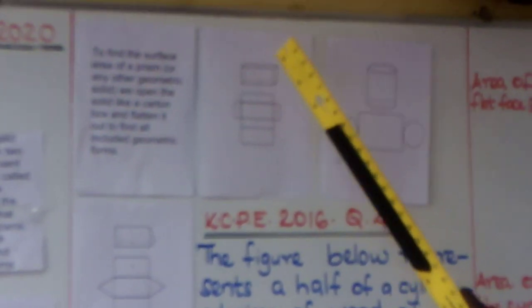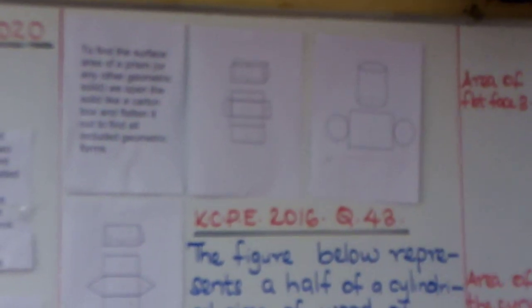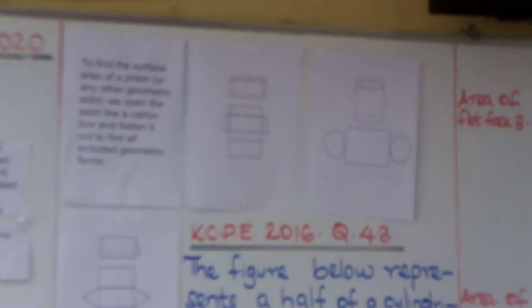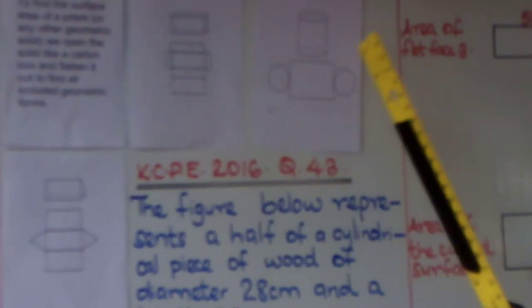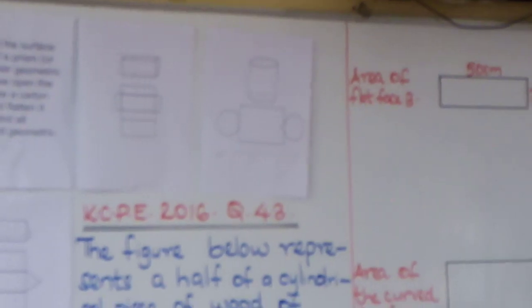This is a closed cuboid. Now this is a closed cylinder. So we open it this way. It has 3 faces. 1, 2, and 3. A closed cylinder has 3 faces.